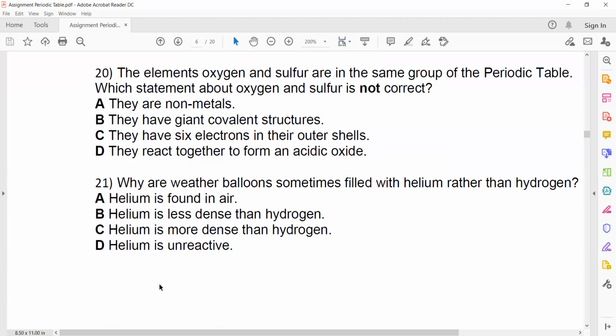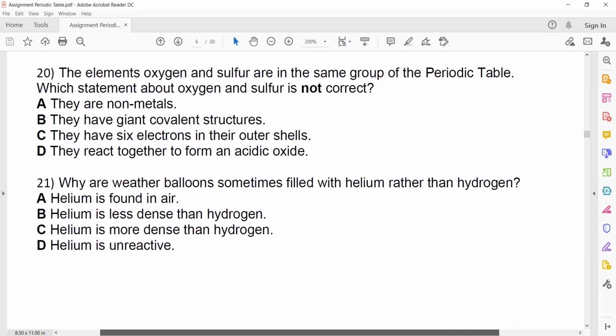Question 21. Why are weather balloons sometimes filled with helium rather than hydrogen? Helium is less dense than hydrogen.